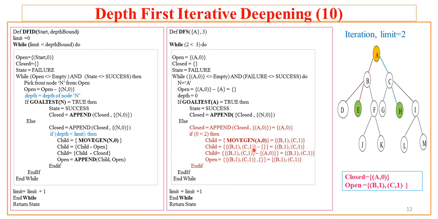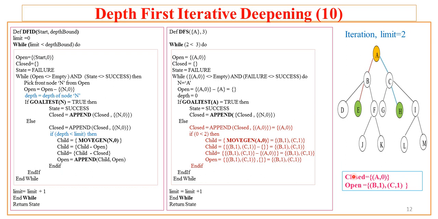Whatever is in the open is removed from the child, so there is nothing to be removed. And whatever is in the closed is also removed, so there is nothing to be removed, so the child is B and C. This child is appended at the beginning of the open. So open now has B and C.